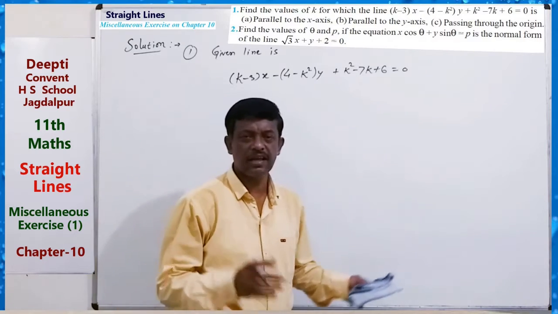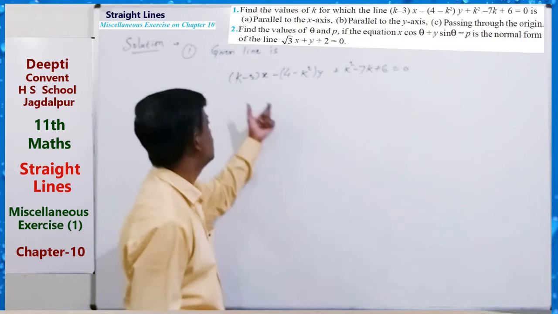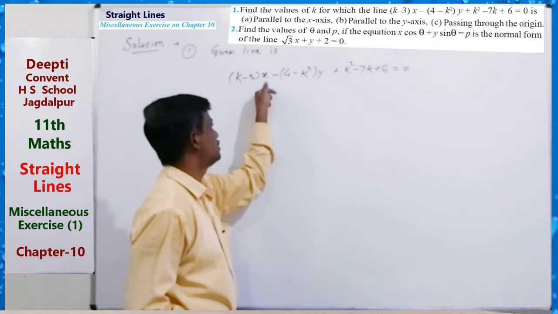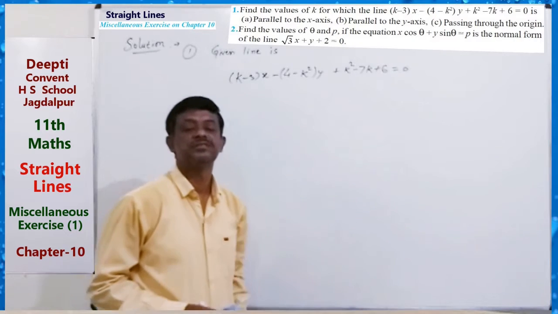We know a straight line has the equation ax plus by plus c equals 0. So here a is k minus 3, b is 4 minus k square, and the total constant is c.